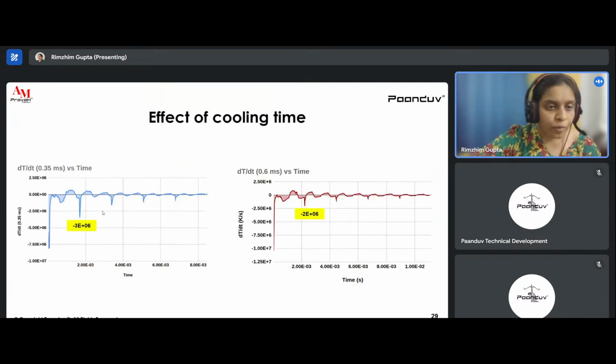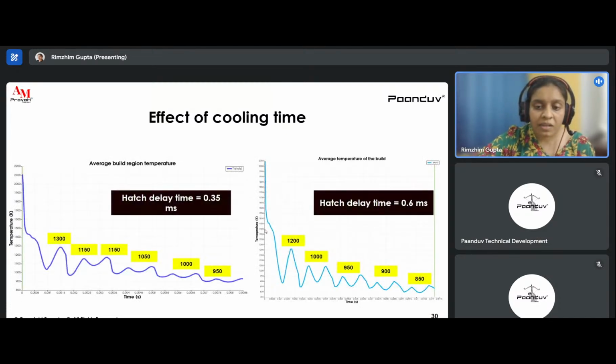Now we have plotted the cooling rates for the system where we have kept the hatch delay time 0.35 millisecond, and the second one where we have kept the hatch delay time 0.6 millisecond. We found some difference in the magnitude of the cooling rate, which comes to be around 3 into 10 raised to power 6 from 2 into 10 raised to power 6.